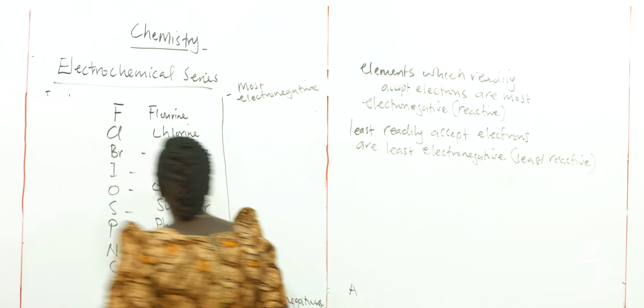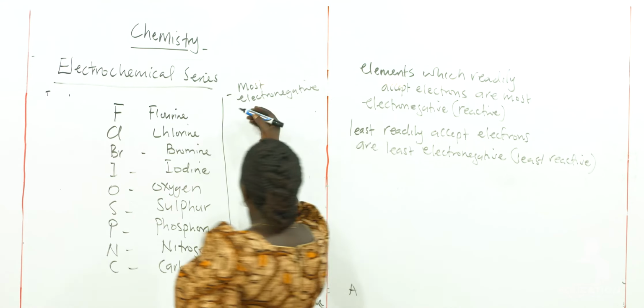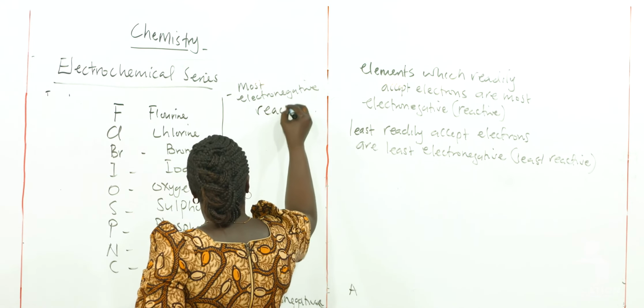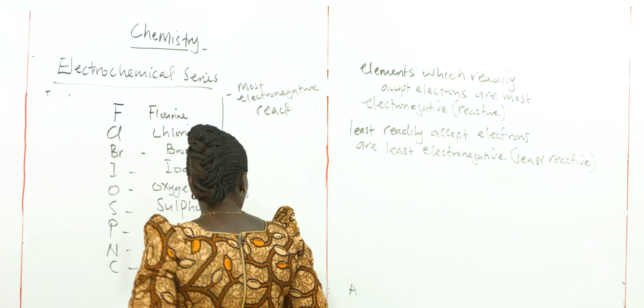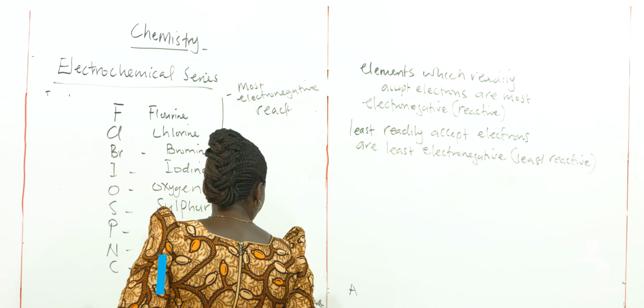So in the series, fluorine is the most electronegative or most reactive, and the least electronegative or least reactive is carbon.